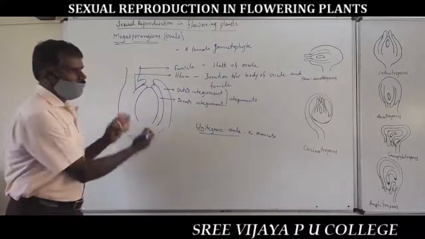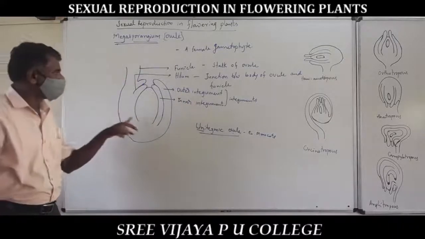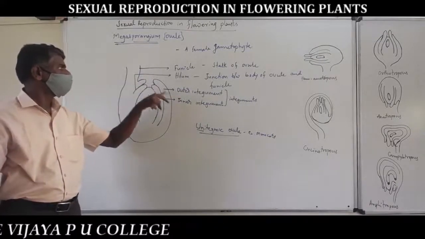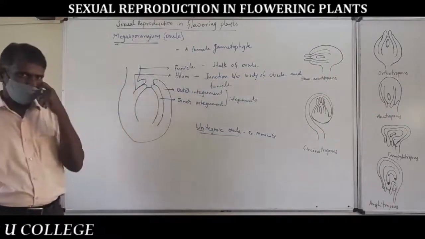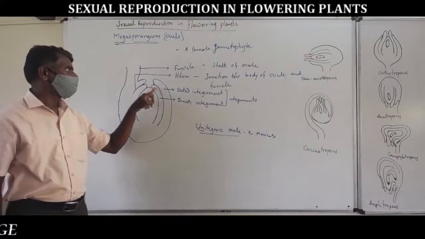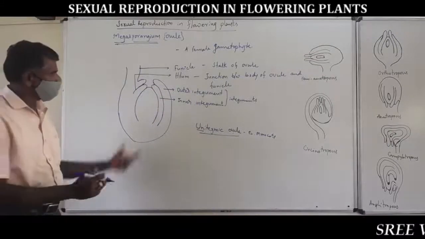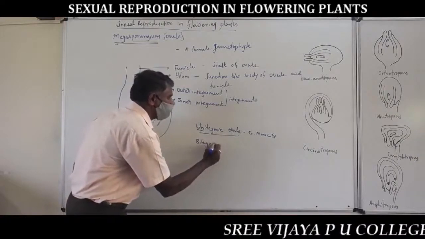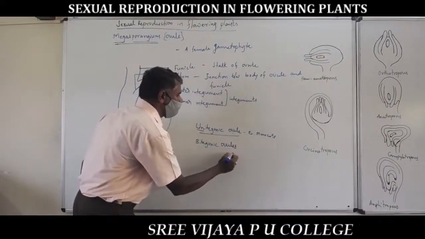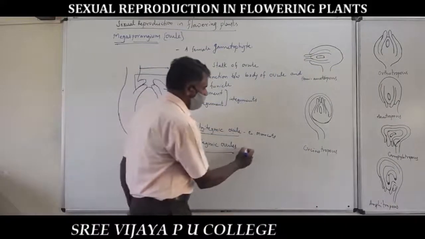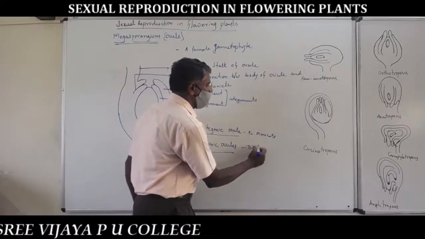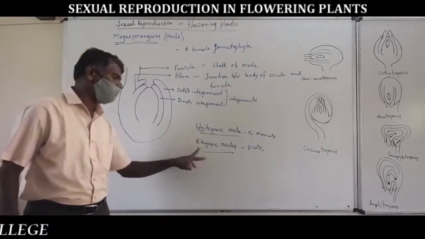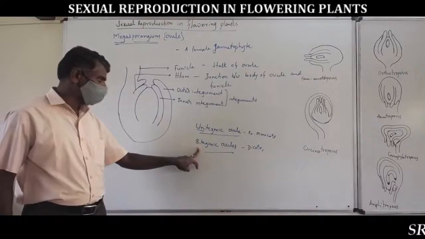As in the diagram, if the ovule consists of two integuments, outer integuments and inner integuments, such ovules are called bitegmic ovules. Most dicots and certain monocots have ovules with two integuments.